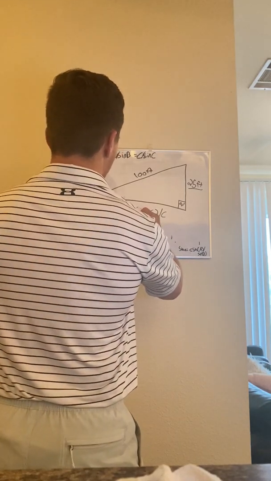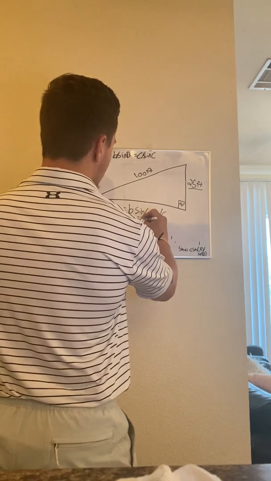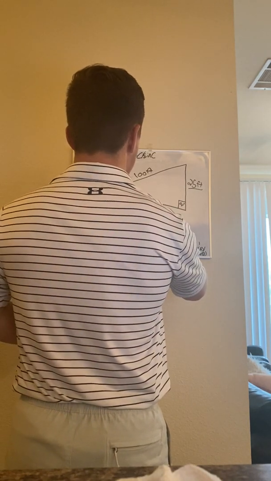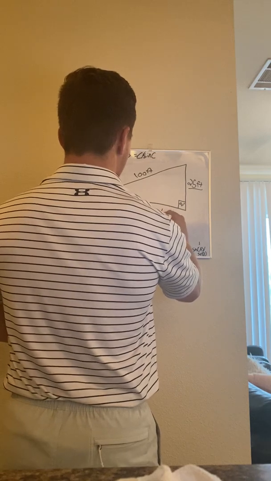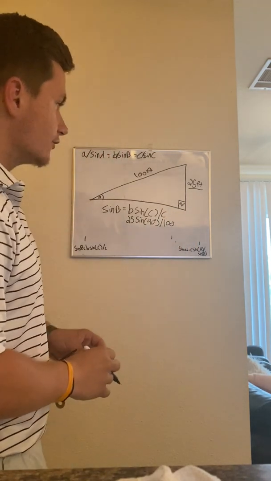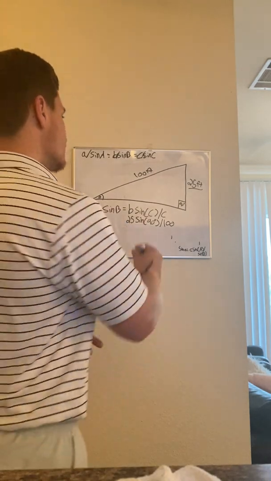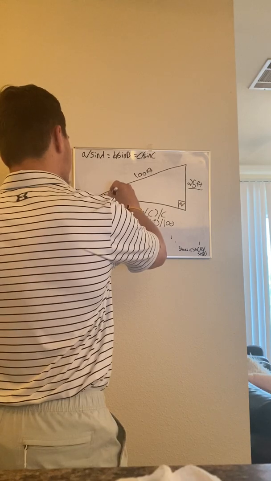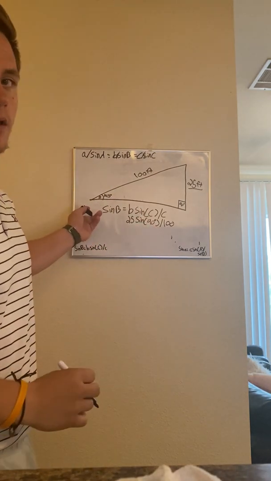So we have 25 feet for side B, sine 90 degrees over 100 feet. And that gives us 14.5. So we know that we have an angle of 14.5 degrees for angle B.